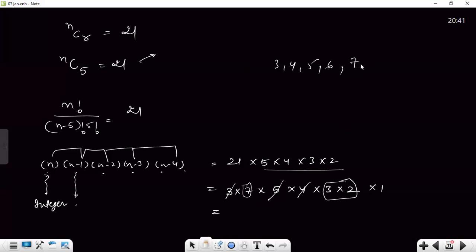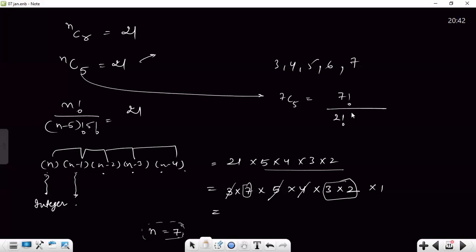So 7 is the biggest number here. If 7 is the biggest number, n should be equal to 7. Let's hit and try and check whether n is equal to 7. 7C5 has to be 21 if that is so. 7 factorial divided by 7 minus 5, that is 2 factorial, into 5 factorial.